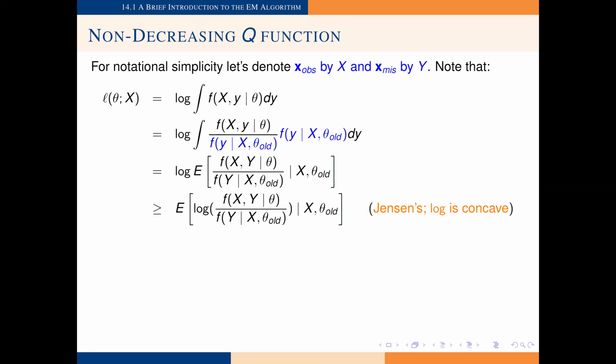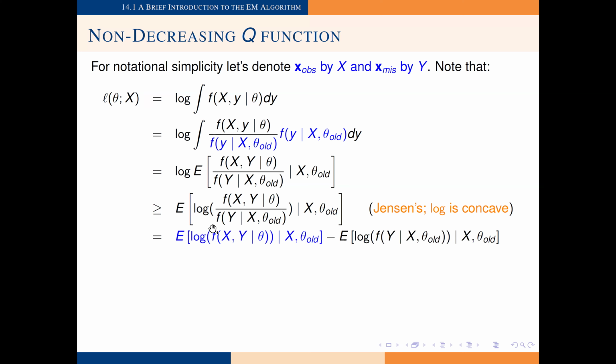So that means that our log of the expectation on the third line is going to be greater than or equal to the expectation of the log of the same thing. We know that the log of this ratio can be broken down into log of f of x, y given theta minus log of f of y given x and theta old, so the log of the numerator minus the log of the denominator.